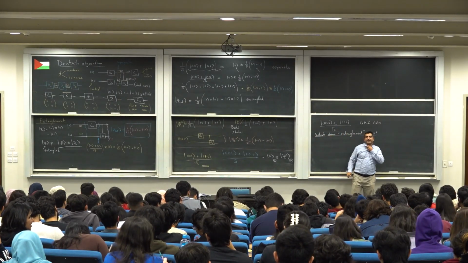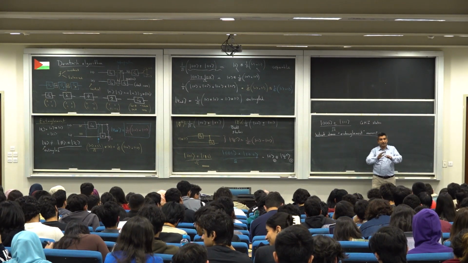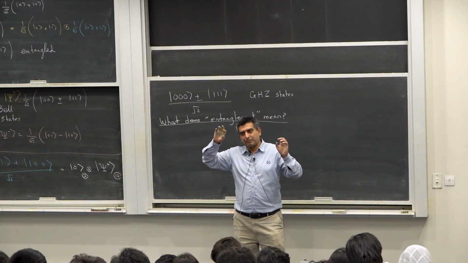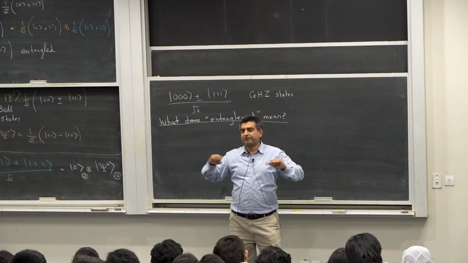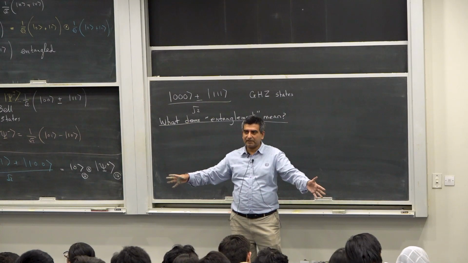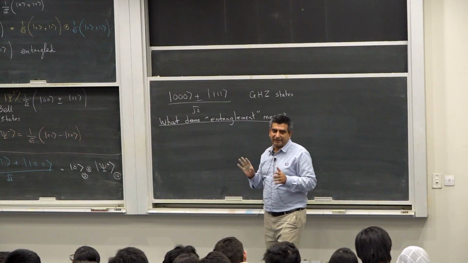So the idea of entanglement was first proposed in 1935, way back in 1935, by Einstein, Podolsky and Rosen, 3 scientists, EPR. This effect is also called the EPR effect. And Einstein was really uncomfortable with the idea.